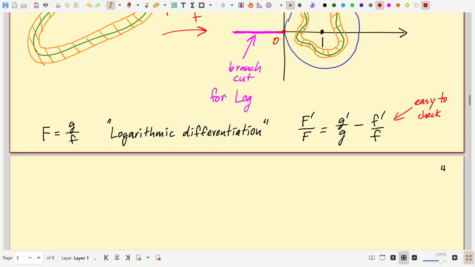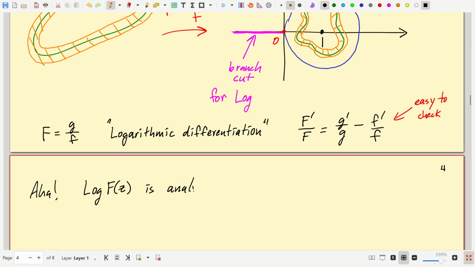So the aha here is the principal branch of log of F of z is analytic in a neighborhood, a little open set containing gamma.